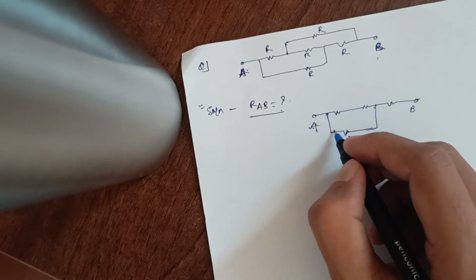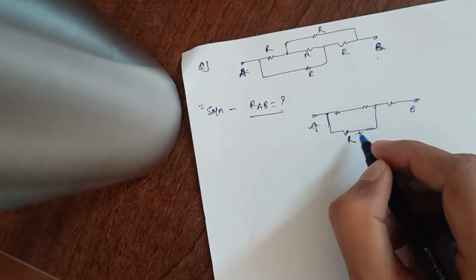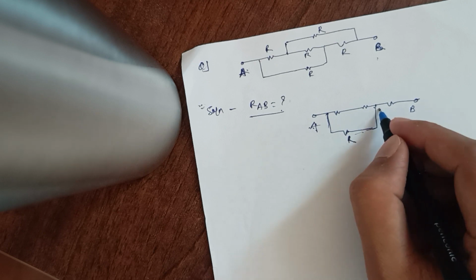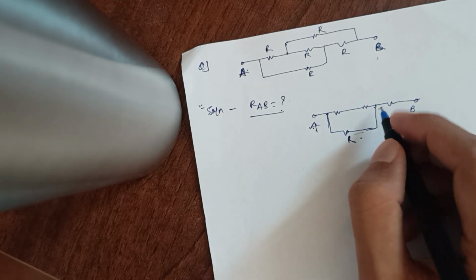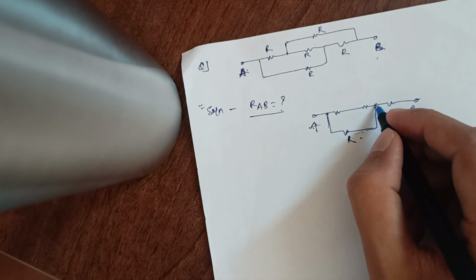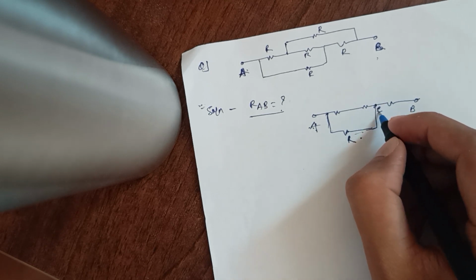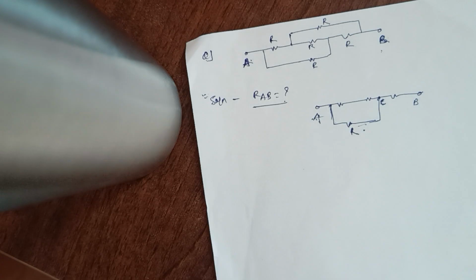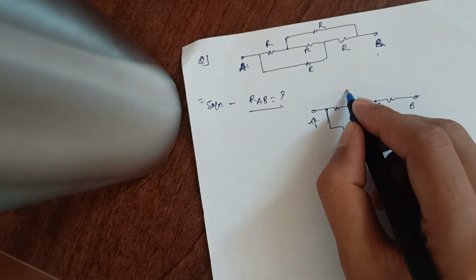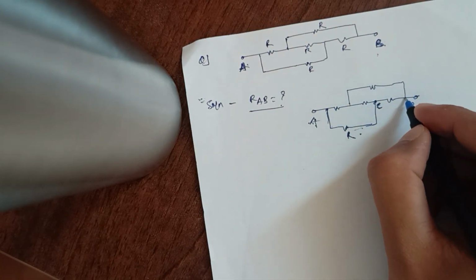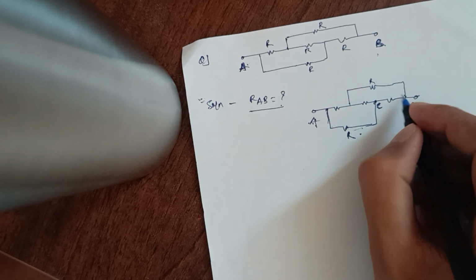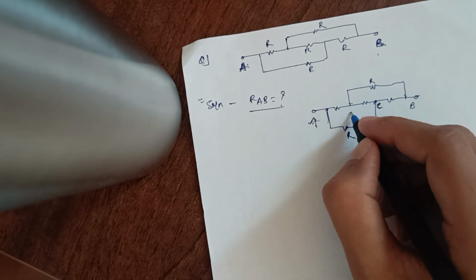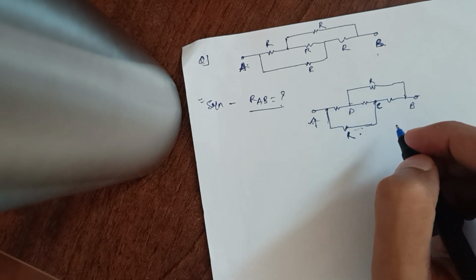We can't say this node is connected to here and this node is the same. No, this node is not the same because it is connected through R. So we can call it C, another node. Now this node is also connected through R, so here also we can't call this node and this node the same, so we'll call it D, right?